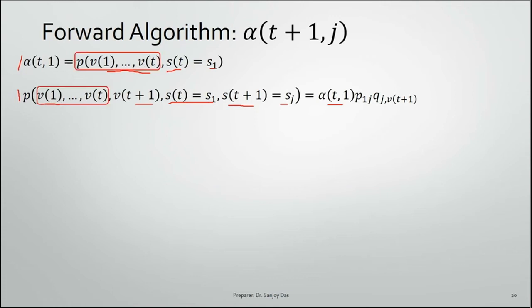How is that? Because the probability of v1 through vt is already accounted for by alpha t1. The probability of St equals S1 is also accounted for by alpha t1. And the probability of St plus 1 equals Sj, this transition probability, is due to this factor p1j, and the output emission being vt plus 1 is this factor qj vt plus 1.